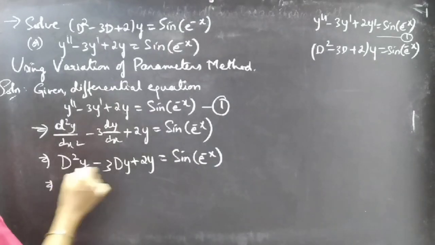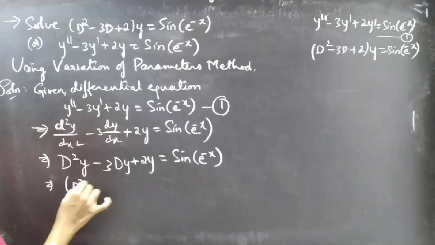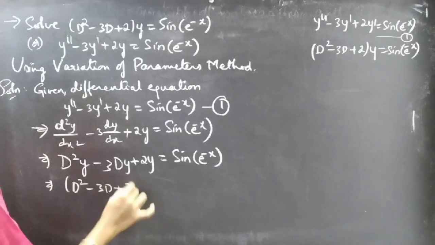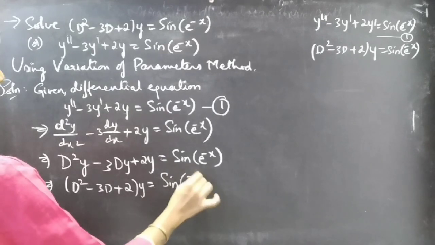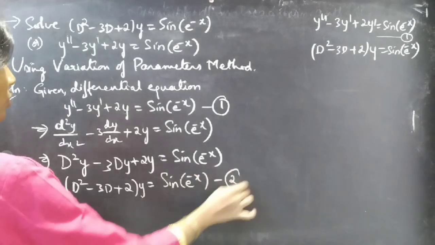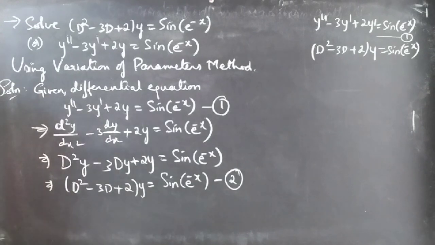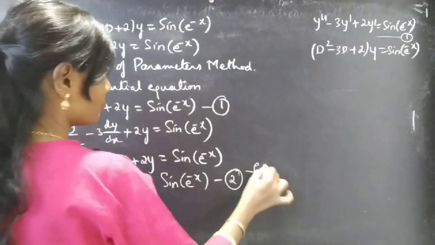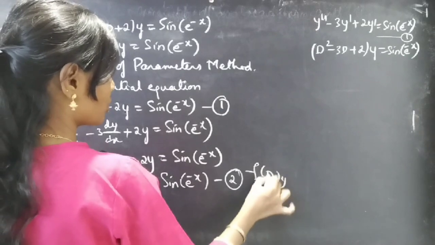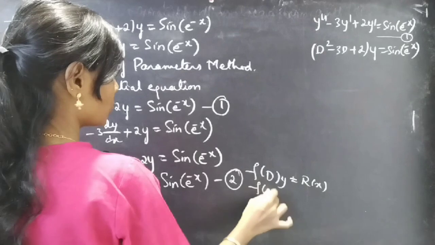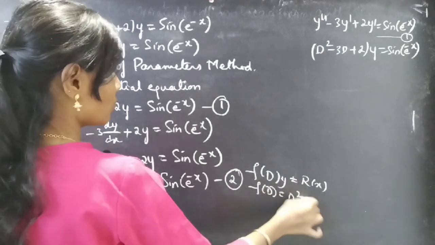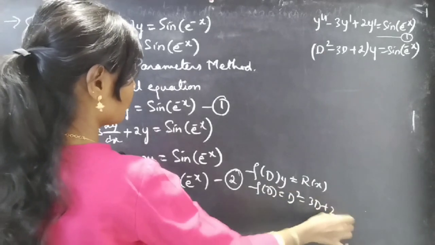Now take y common from all three terms of the LHS. We get (D square minus 3D plus 2) into y equal to sine e power minus x. Consider it as equation number 2, which is in operator form, say f of D into y equal to some function of x, where f of D equals D square minus 3D plus 2.